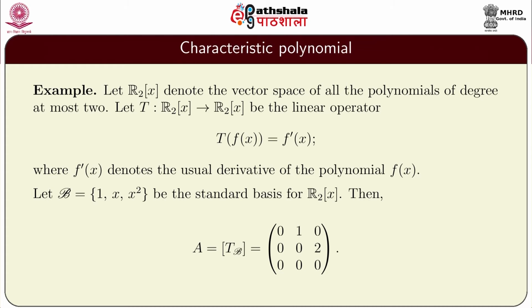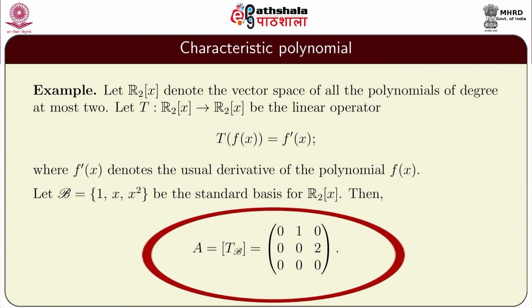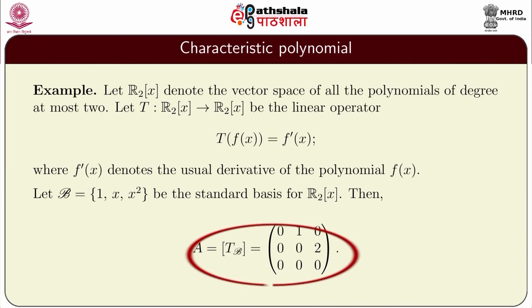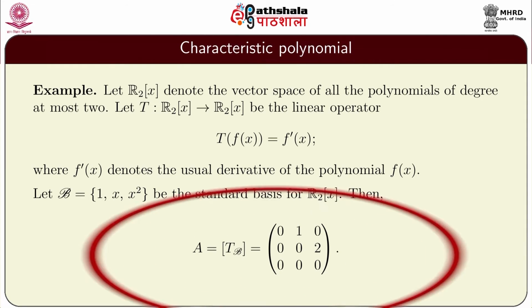So, this is the usual differential operator. Look at the standard basis B consisting of the vectors 1, x and x square. Then the matrix representation of the operator T with respect to this choice of basis is this 3 cross 3 matrix with first row 0 1 0, second row 0 0 2 and the third row 0 0 0.